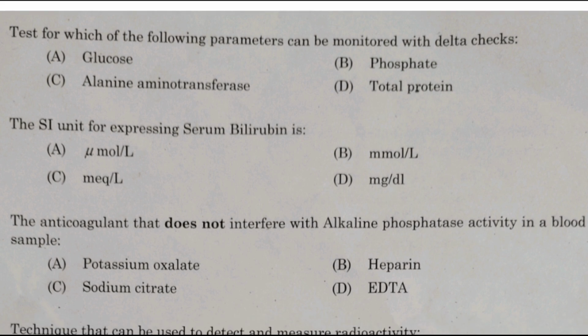Next question, test for which of the following parameters can be monitored with delta checks? The right answer is option D, total protein. Next question, the SI unit of expressing serum bilirubin is. SI unit is option A, micromoles per liter.